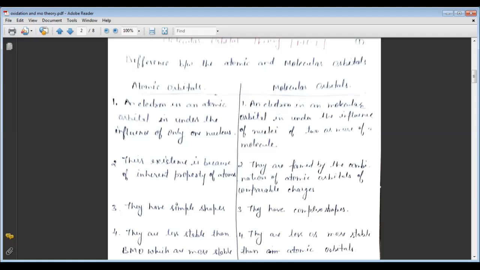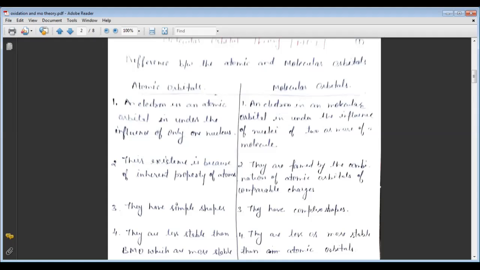Suppose we take the example of oxygen. O is an oxygen atom, and O2 is a molecule of oxygen. So one atom of oxygen and another atom of oxygen, when they combine together, form a molecule of oxygen. This is the difference.